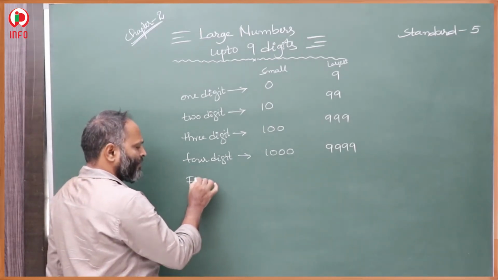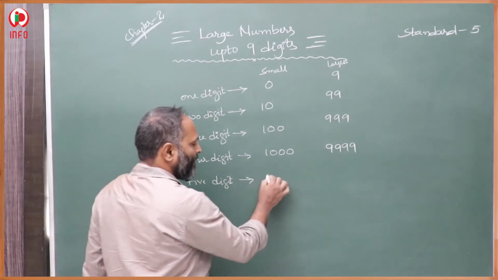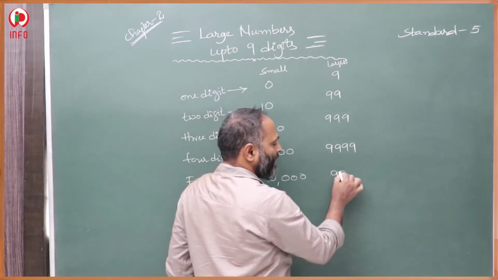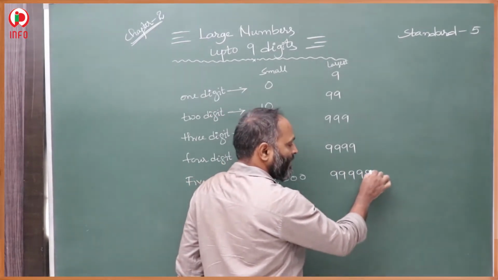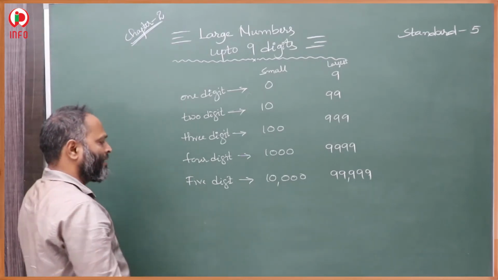5 digit: the smallest number is 10,000 and the largest is 99,999.